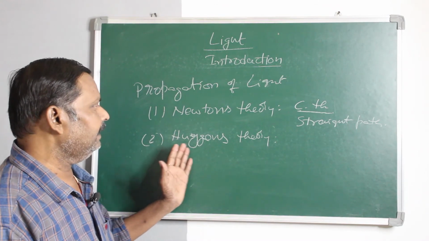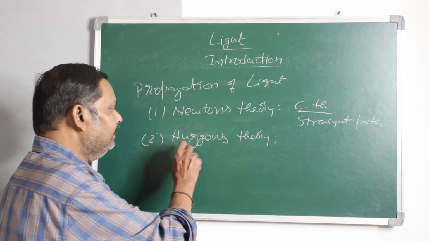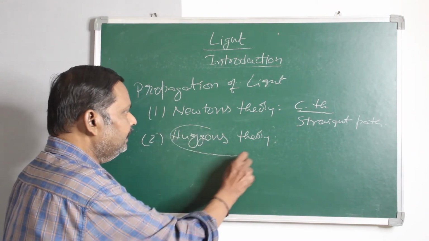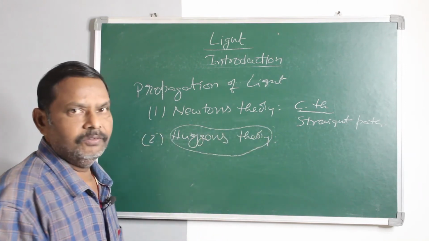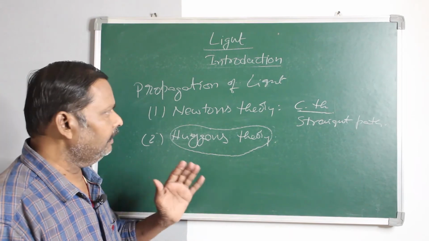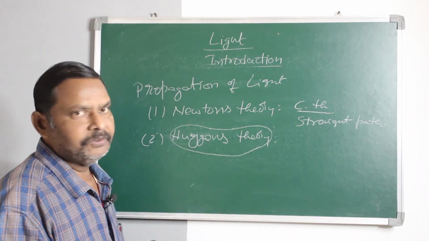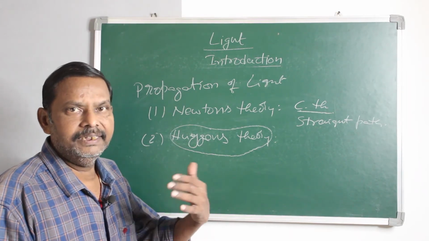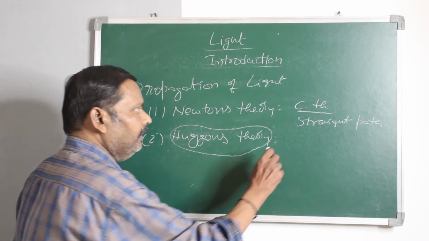On the other hand, the second is Huygens wave theory, but this is a little higher concept. We will be discussing more details about the Huygens wave theory at the higher level. But anyhow, Huygens proposed that light travels in a medium in the form of a wave.